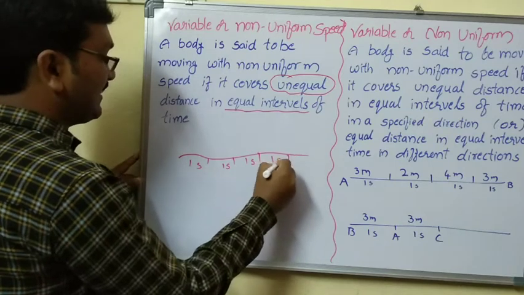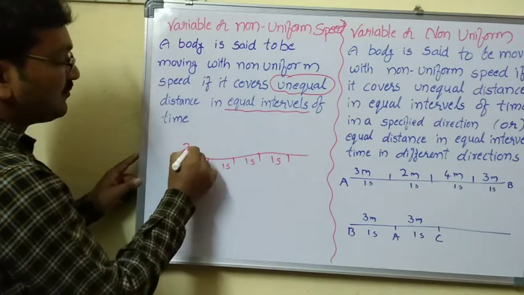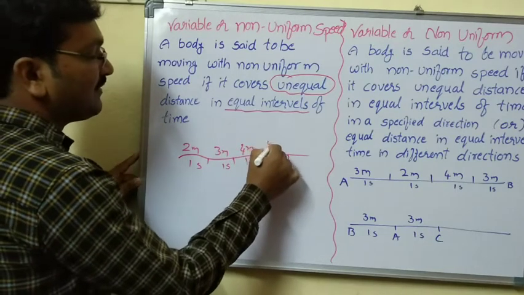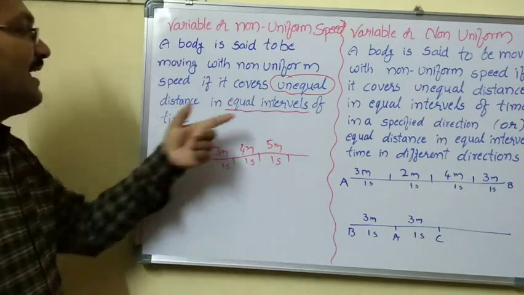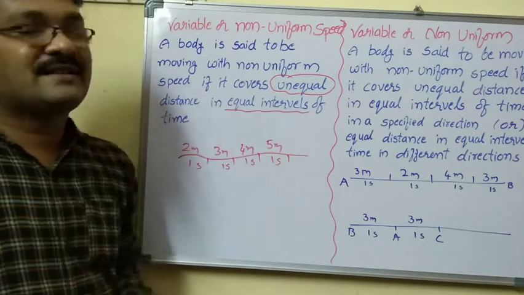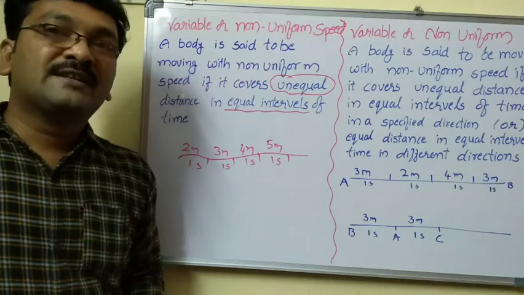If it covers 2 meters here, 3 meters here, 4 meters here, 5 meters here, that means unequal distance in equal intervals. Then we say it is a non-uniform speed.